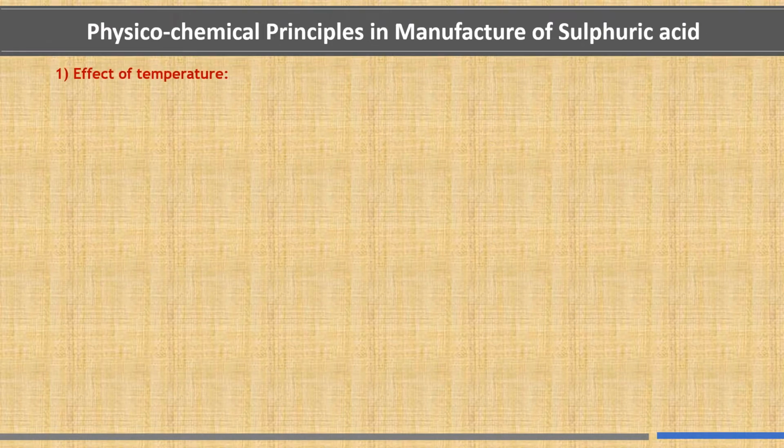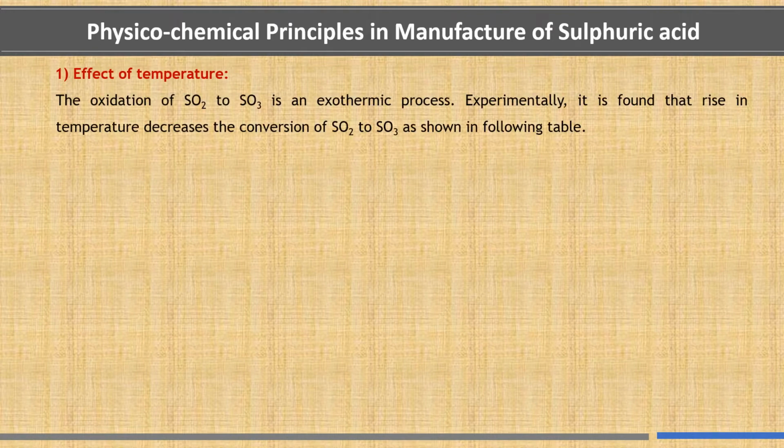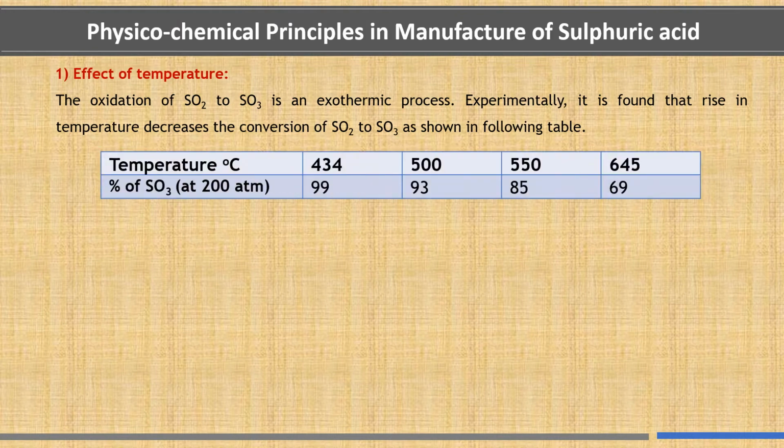Effect of temperature. The oxidation of SO2 to SO3 is an exothermic process. Experimentally, it is found that the rise in temperature decreases the conversion of SO2 to SO3. Let us consider this table, which shows the temperature and percentage of SO3 at 200 atmospheric pressure.